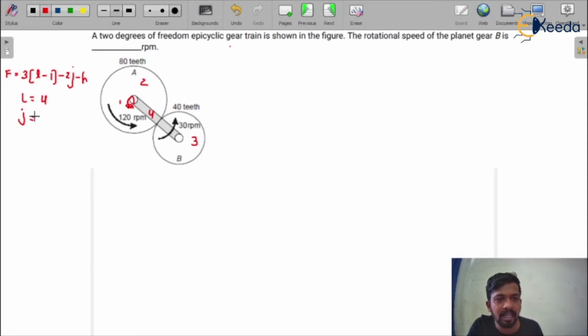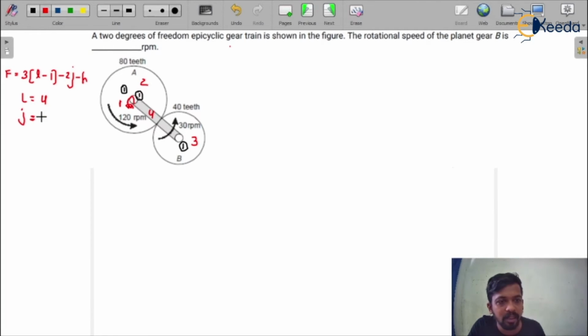And how many binary joints are there? See, this is one fixed joint, one joint here on which A is in rotation. There is another joint by which this arm is connected with A. So that is one with A, and another with the arm, so 3 joints are there.